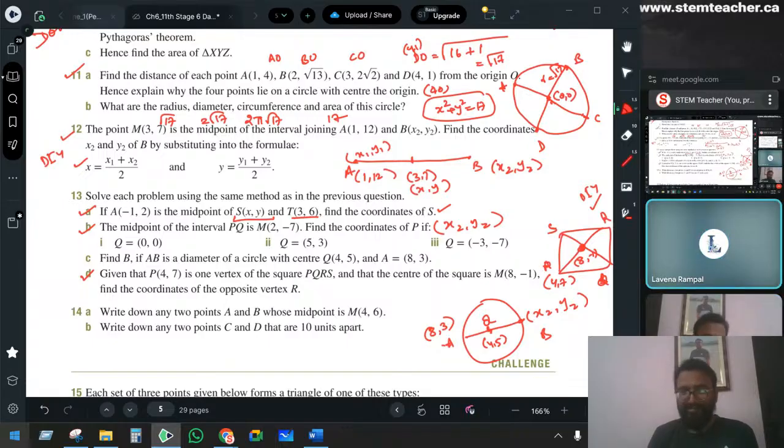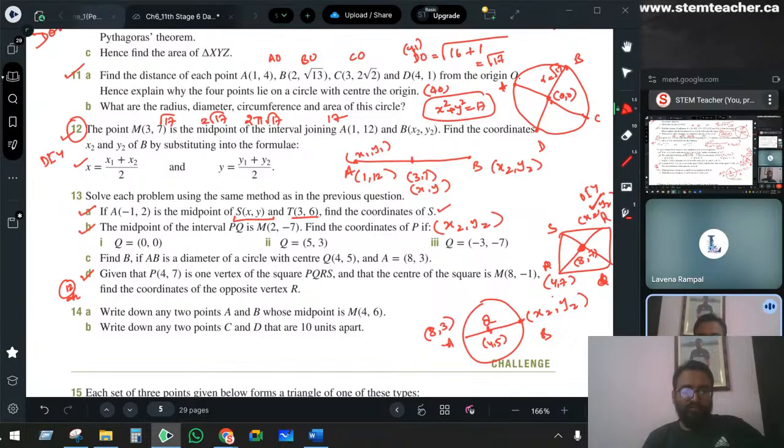No, a center of a circle will form. Actually, he is saying that it's a midpoint only. Okay, it's a midpoint, so you have to find it. It is the same logic: x2, y2, and x1, y1, and this x, y. Apply the same logic as the previous question 12.